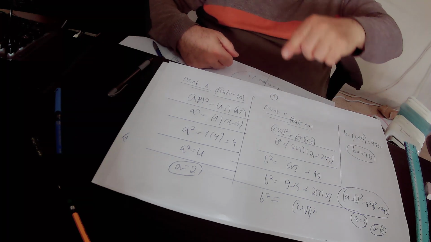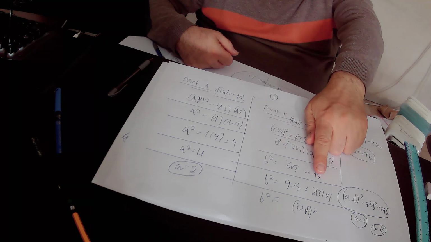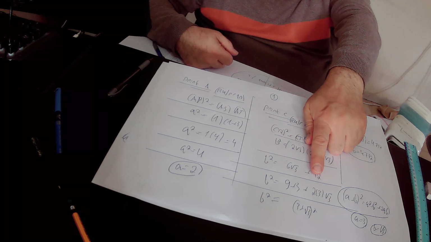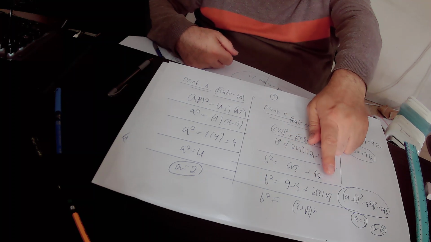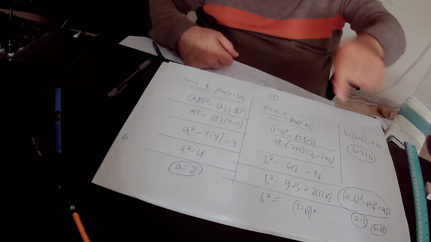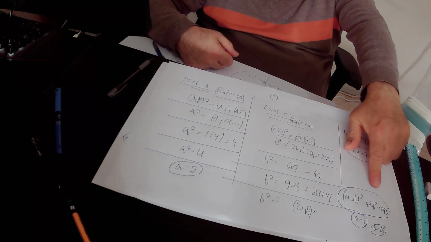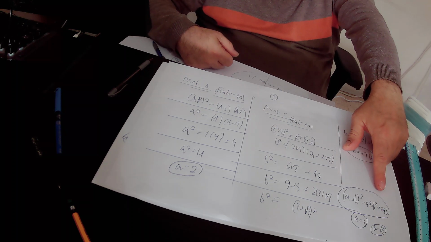In conclusion, B square equals 9 plus 3 plus 2 times 3 times square root of 3. We use the algebraic identity that (A plus B) square equals A square plus B square plus 2AB.